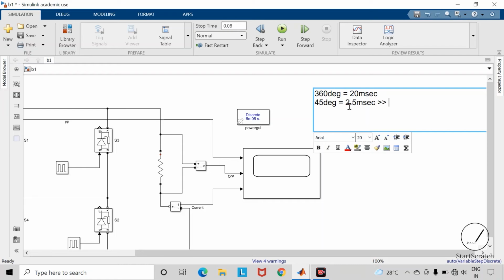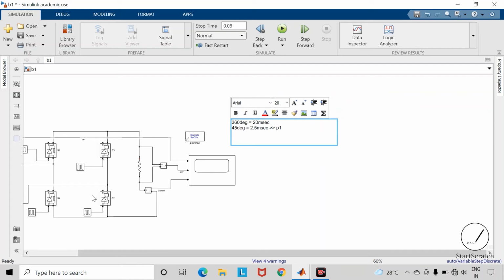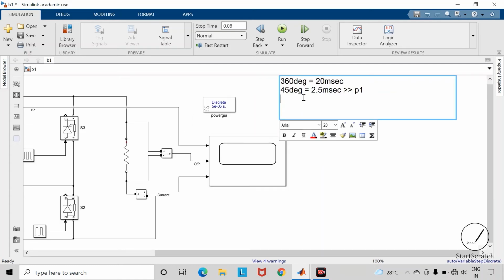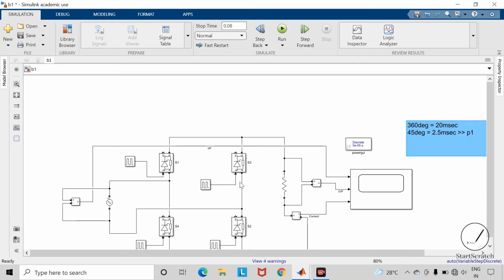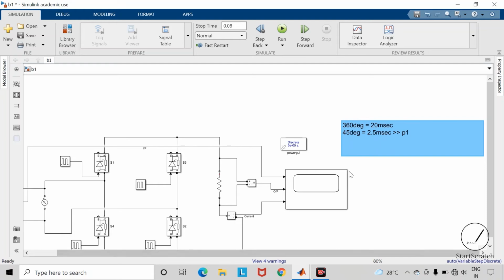We have to apply this much phase delay to pair 1, which consists of this thyristor S1 and S2, whereas this thyristor S3 and S4, which makes our second pair, they start conducting after 180 degree. So we have to add 180 degree plus 45 degree.